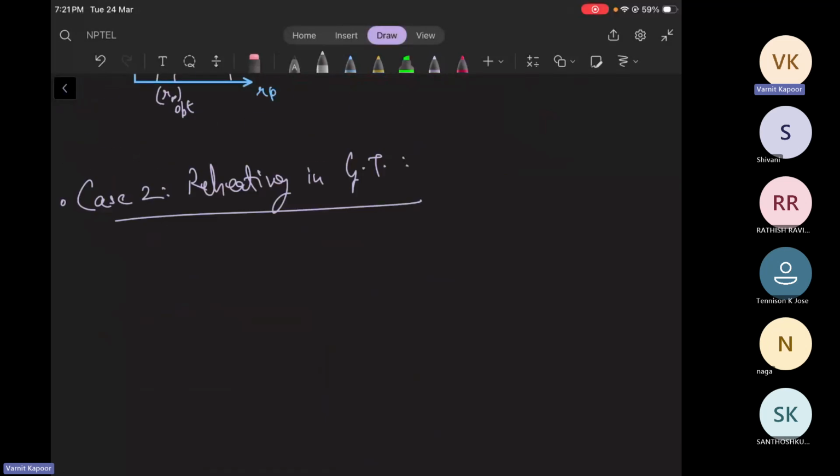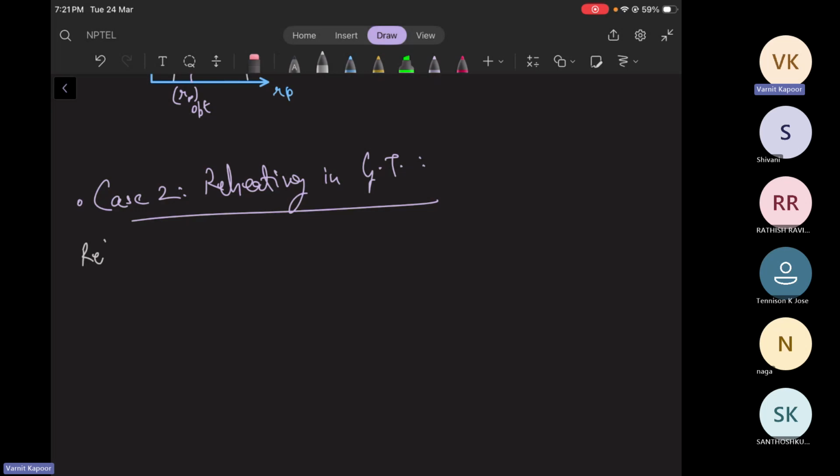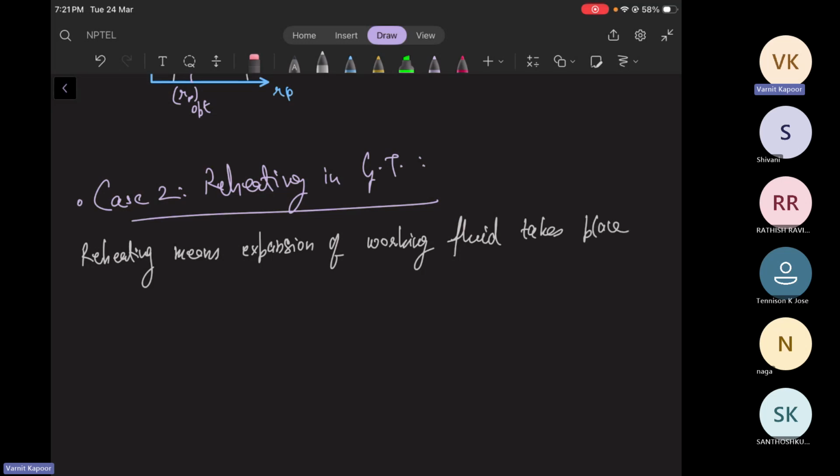Yes. So reheating means expansion of working fluid takes place in more than one stage, and with help of reheating, that is, if I do the regeneration also, if I add regeneration also, network is going to increase more.